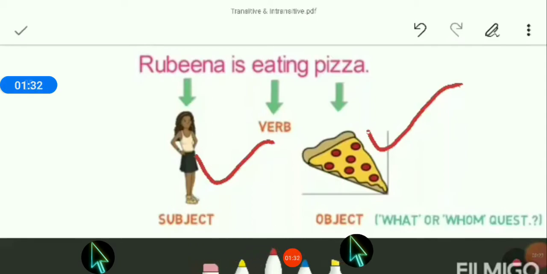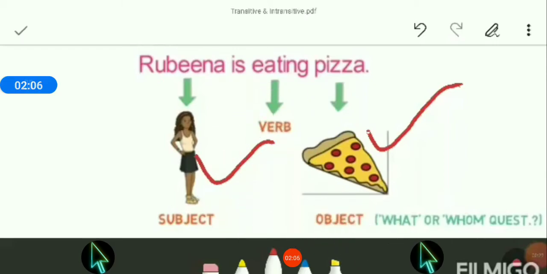Now see the object. What is the role of the object in a sentence? Object is always the receiver of an action. Subject is the doer of action and object is the receiver of action. Here eating is our verb. Keep this in mind: I'm talking about transitive verbs, not intransitive verbs.